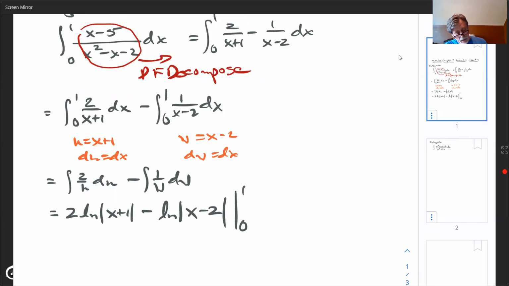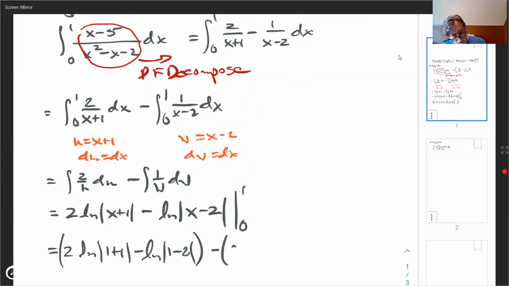And let's plug them in. All right, so we get 2 natural log absolute value of 1 plus 1 minus natural log absolute value of 1 minus 2. Okay, that's the top limit, minus 2 natural log absolute value of 0 plus 1. And then minus natural log absolute value of 0 minus 2, like so.